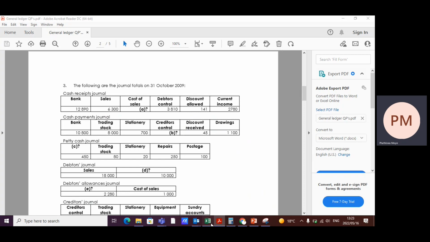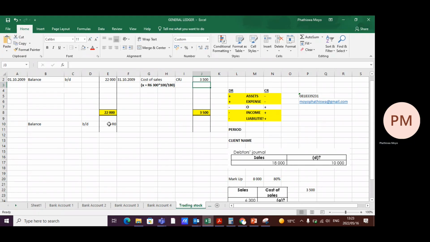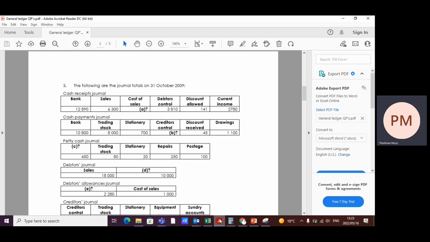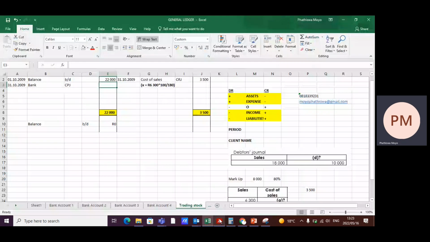So you will say bank, CPJ. How much is the bank amount? 10,800. Okay.